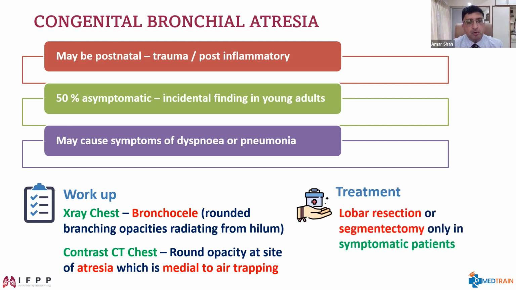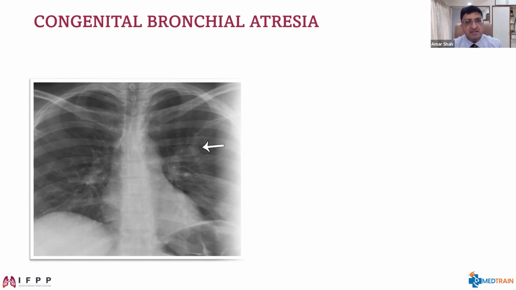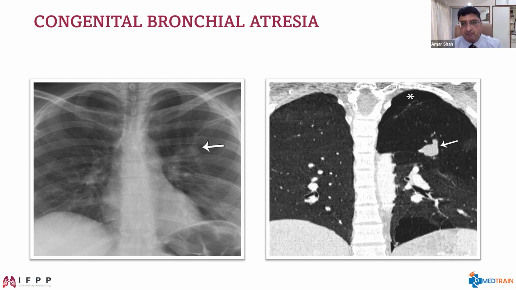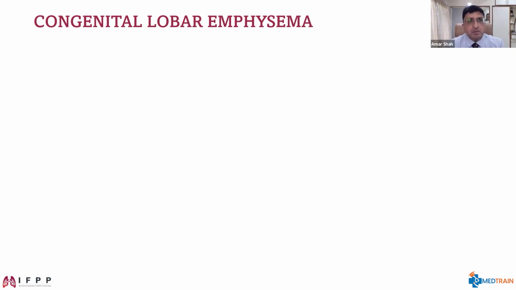Treatment includes lobar resection or a segmentectomy, but it is offered only to patients who are symptomatic. This is the X-ray, which shows a bronchocele, and a CT scan, which again confirms this pathology of congenital bronchial atresia.